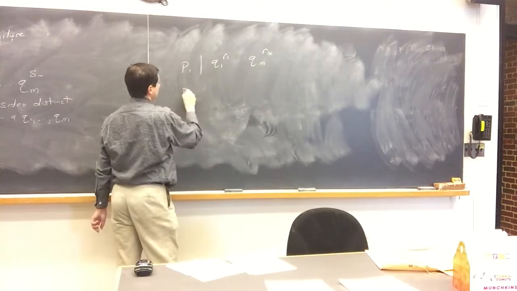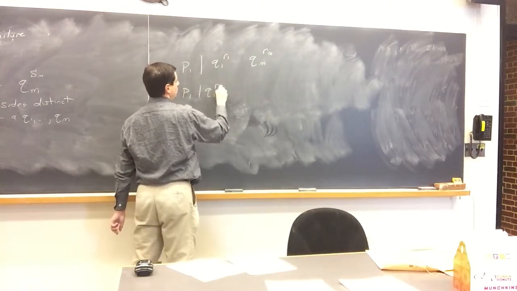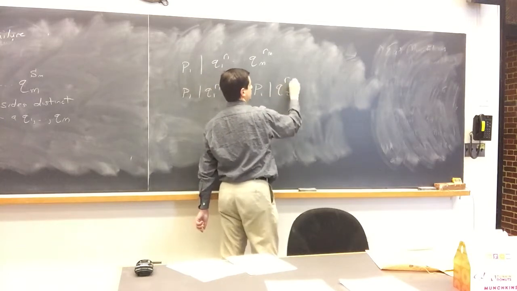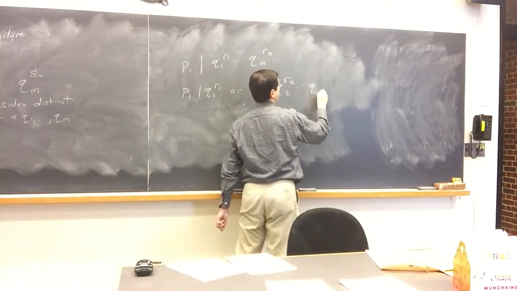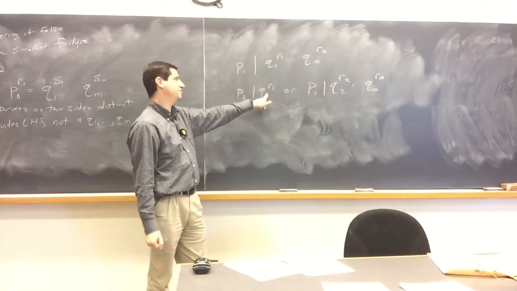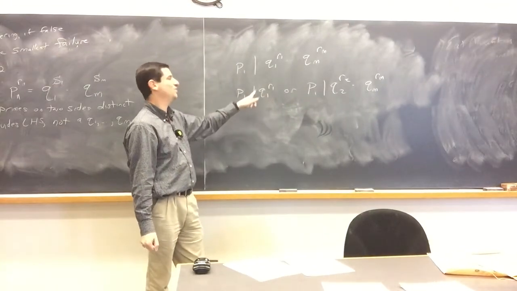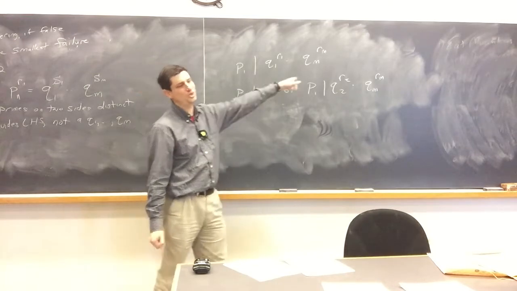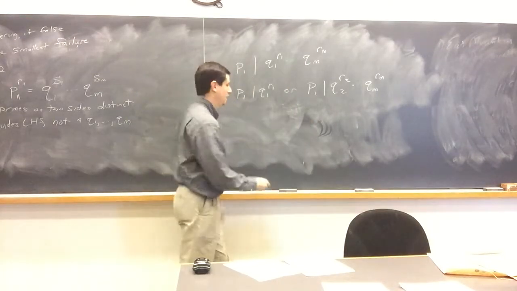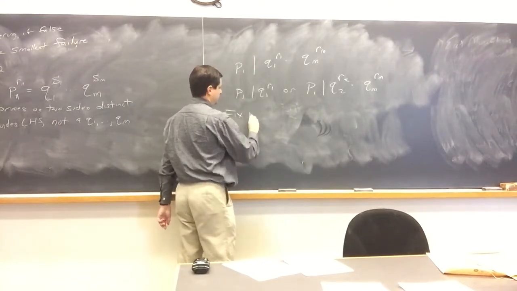So we can say either P1 divides Q1 to the R1, or P1 divides Q2 to the R2 through Qm to the Rm. And then technically for this one, we would have to write P1 divides Q1, Q1, Q1, all those times. So you just basically go back in time and fix the previous result.